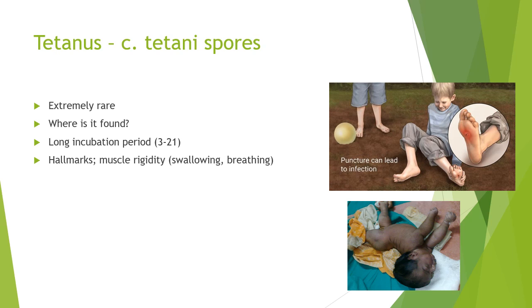The picture there of the baby on the bottom, babies can also be exposed if that umbilical cord is cut with a dirty tool and there were tetanus spores on the knife or scissors or whatever was used. The hallmark is extreme muscle rigidity, which affects every muscle in your body.